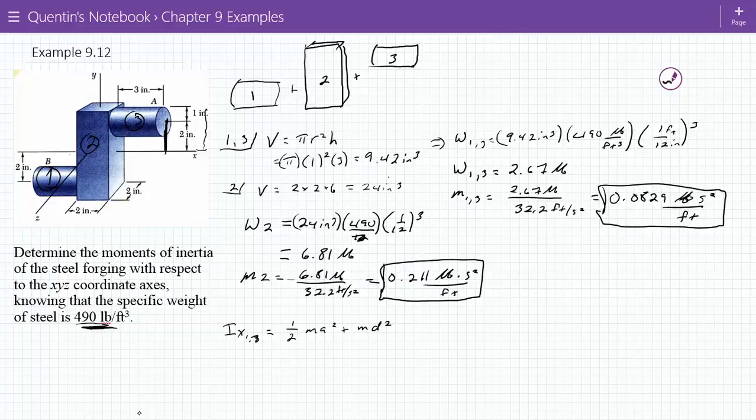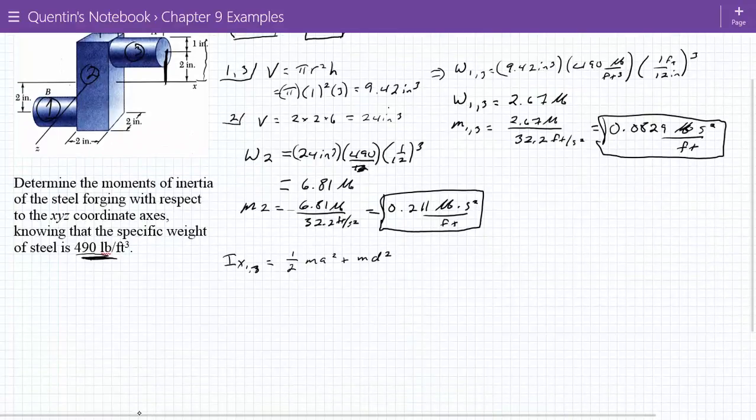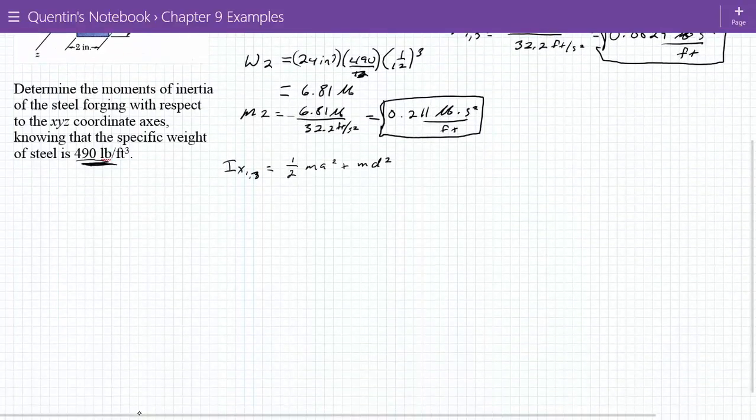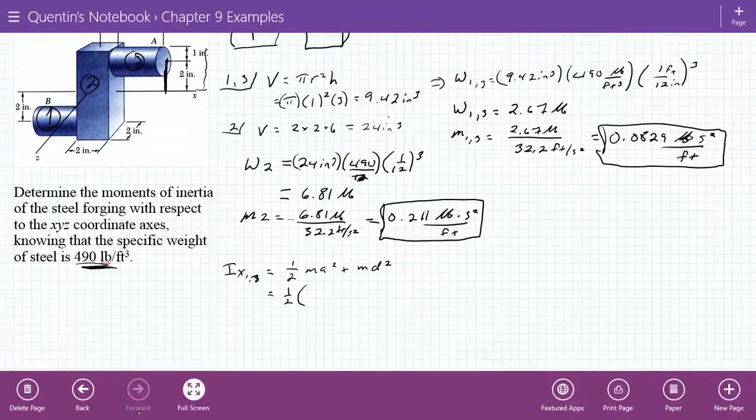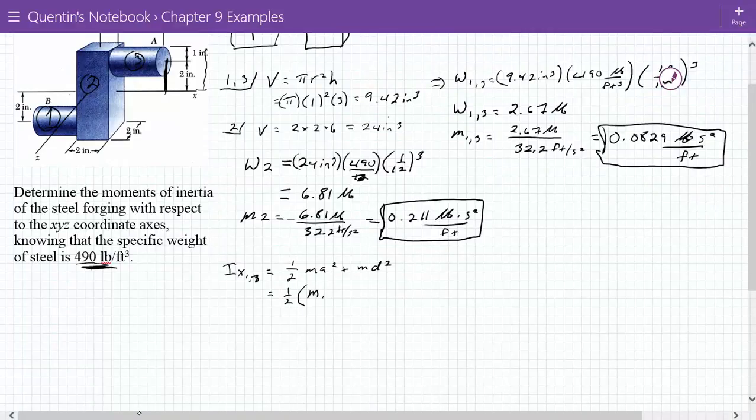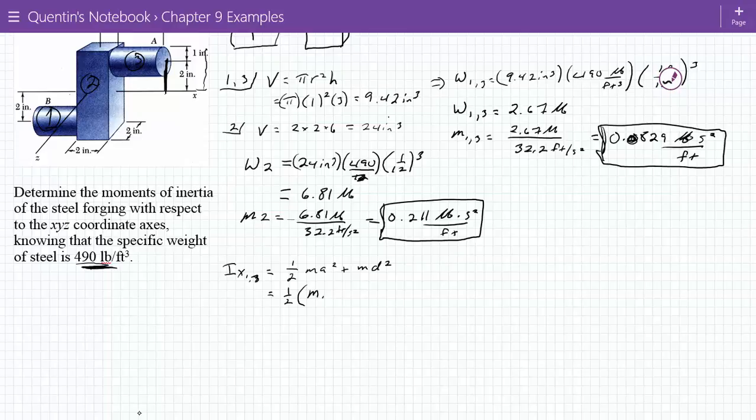Now, having said all that, we need to make sure we account for all the same units. So we're going to put everything in feet, right? So we're going to say this is equal to 1/2 the mass, which, this is a cylinder, so I'm just going to call it m1. It's this value right here, 0.0829, but it's quite frankly just easy to write m1. The a is going to be what? In this case, actually, I'm going to pull the mass out of it both.